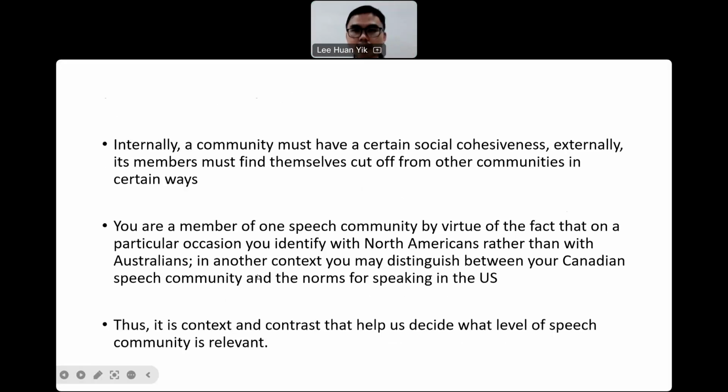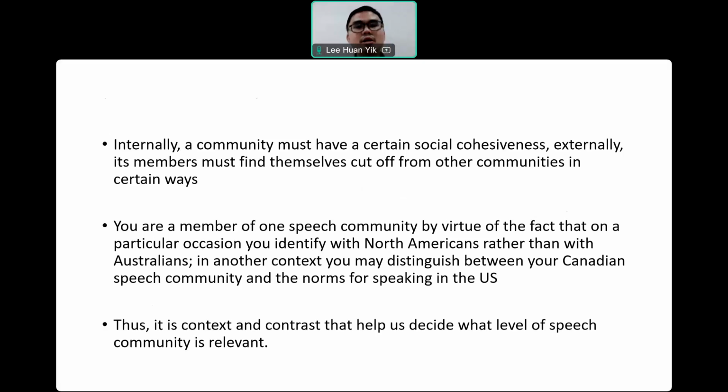Of course, we know that when you're together in the community, you tend to have certain social cohesiveness. Externally, you may be cut off from other communities in certain ways. In other words, you may be part of community A but not part of community B. For example, some North Americans associate themselves as North American as compared to Australian. But in another context, maybe you say that you're a Canadian rather than a US citizen.